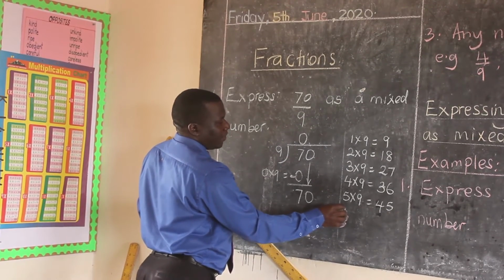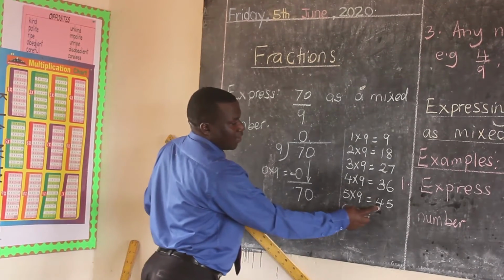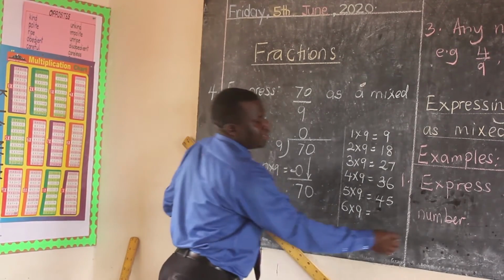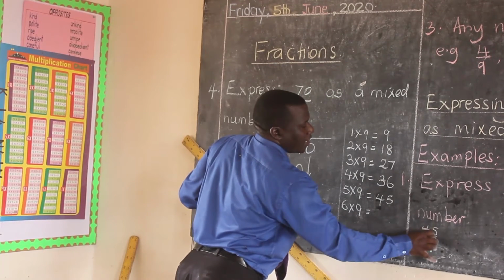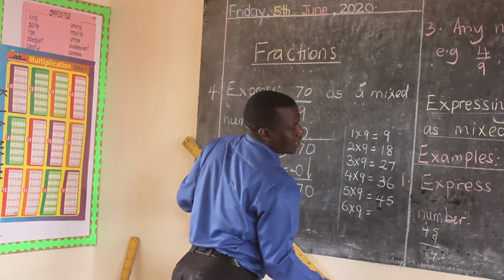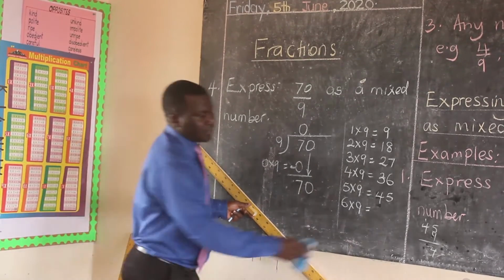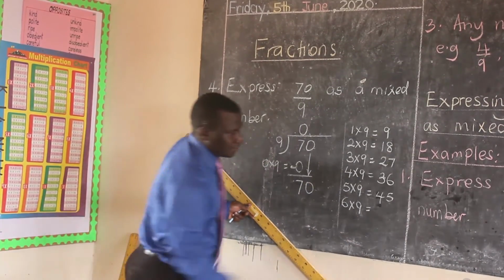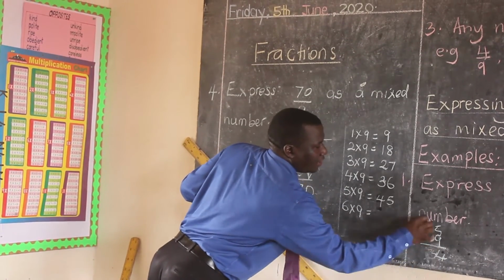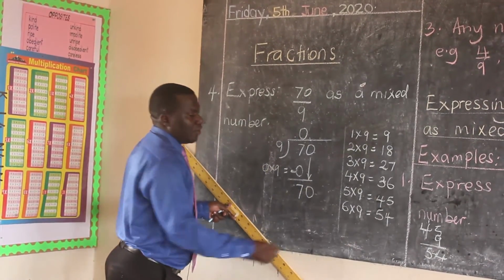What is 6 times 9? You add 45 plus 9. So you get 54.